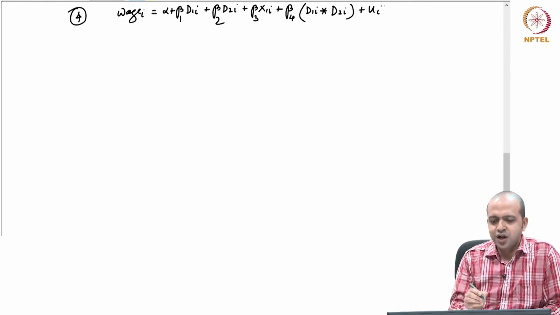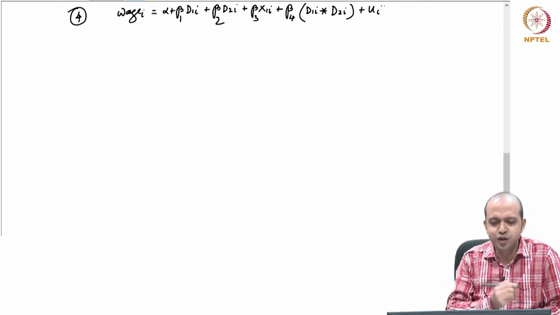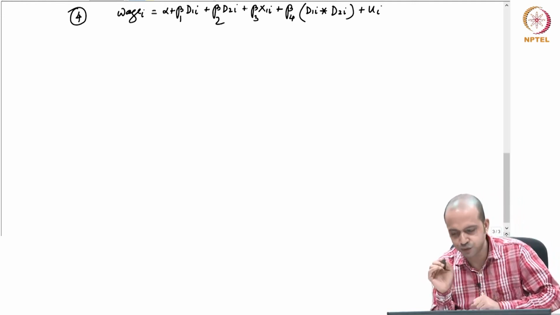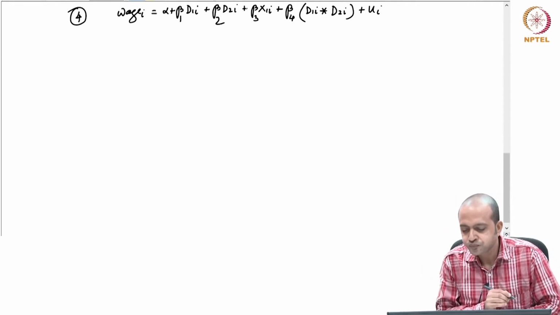And once again I assume that the increment is the same, that is why I am not interacting the x with d1 or d2, okay. There is no interaction between d1 and d2 with the quantitative variable, again for simplicity's sake, right.